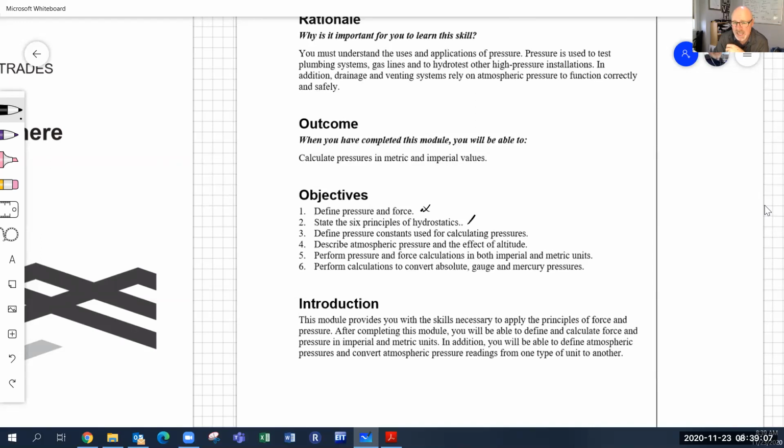And then we're going to state the 6 principles of hydrostatics. And then we're going to define pressure constants used for calculating pressures. Describe pressure in the effective altitude, which is probably going to be on Wednesday.